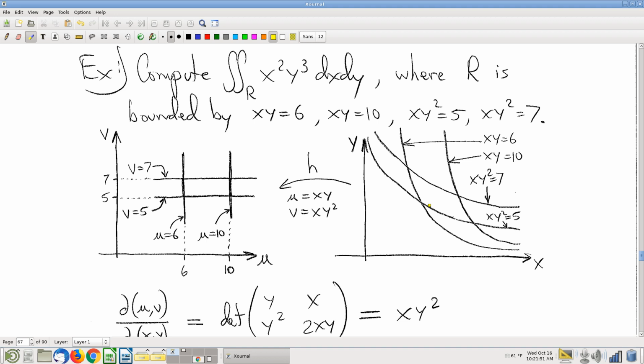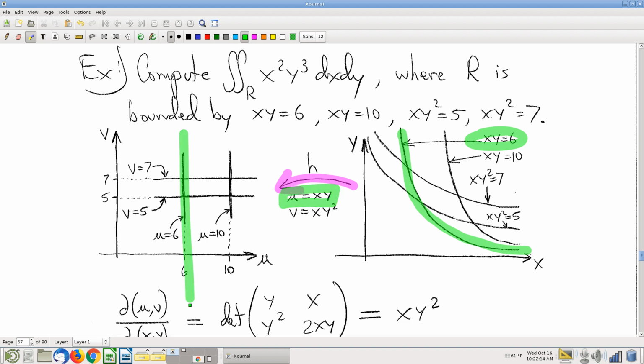Notice that if you set up a change of variables function, what I'm going to call a change of variables function, but if you have it going backwards, these curves, like for example this one, with that equation, xy equals 6, well, if you set u equal to xy, that becomes just the curve u equals 6.